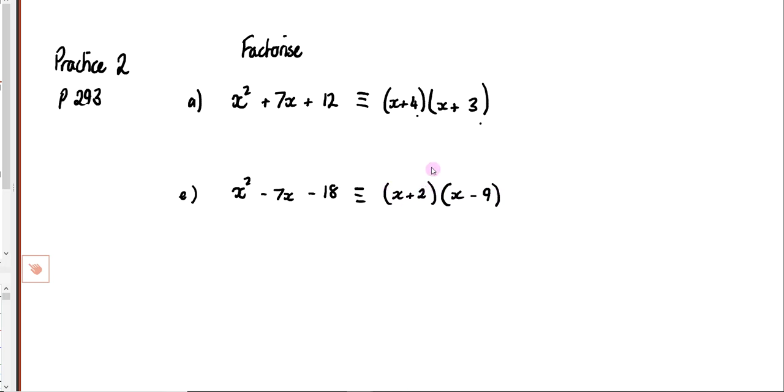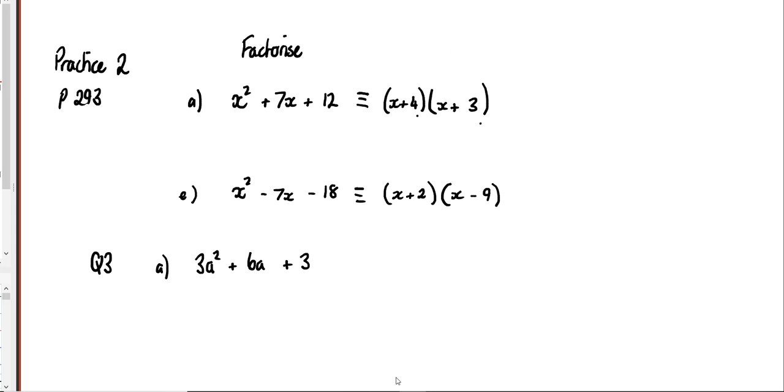So you can then see 2 multiplied by negative 9 is negative 18. Positive 2, add negative 9, makes negative 7x. Okay, so like I say, if you don't feel the need to use the algebra tiles, that's fine. But for those of you that might want to make it work, you can.